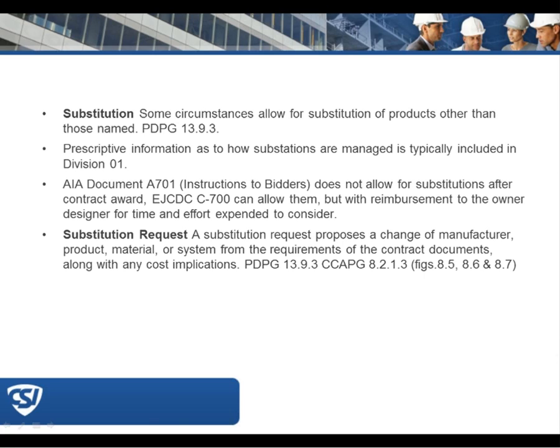The firm I'm with now, we do a mix of public and private work. On most of the public bid work, I do my best to limit, if not eliminate, substitutions post award of contract. And as we move further along in the discussions, I think we'll get into some reasons why that's the case.